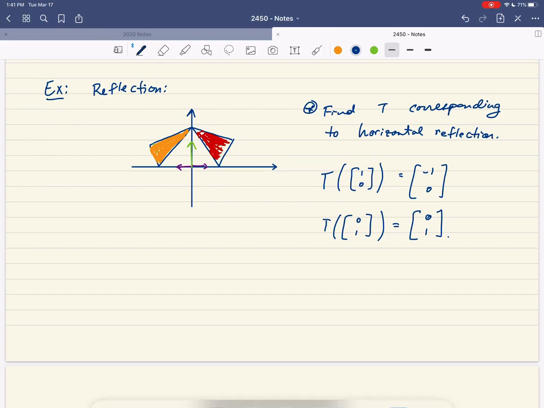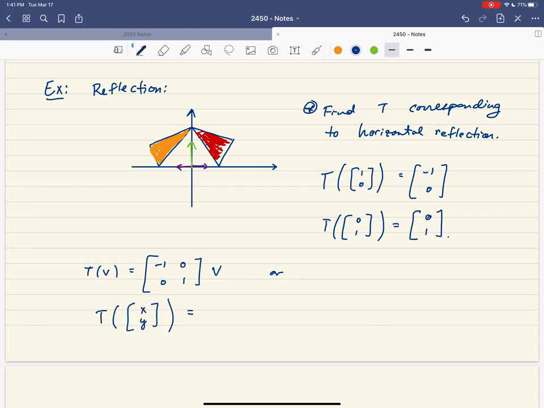And so it turns out that T of V is going to correspond to multiplication on the left by the matrix negative 1, 0, 0, 1 times V. Or to say it another way, if you prefer to write this as a linear transformation without thinking about matrices explicitly, this is going to be minus x comma y, right?